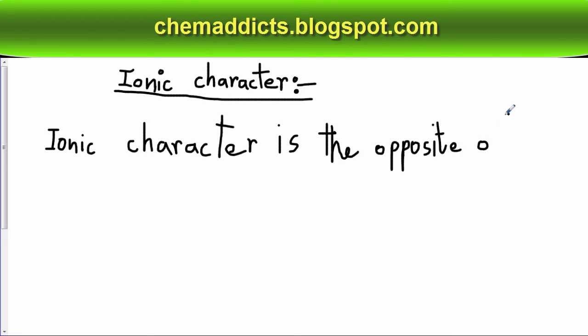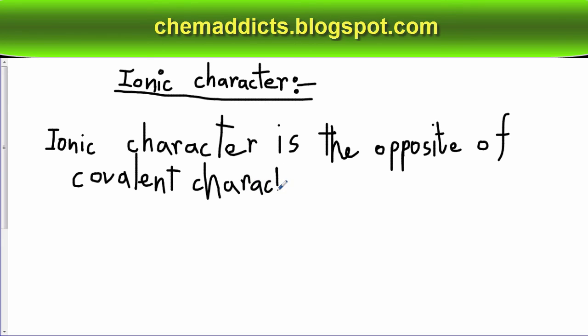Okay, I hope that you have understood. Please forgive me for my bad handwriting. So ionic character is the opposite of covalent character.